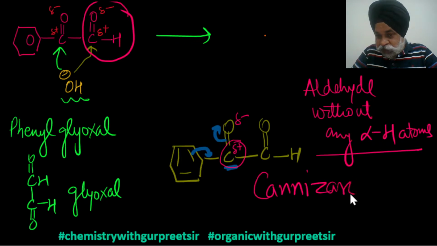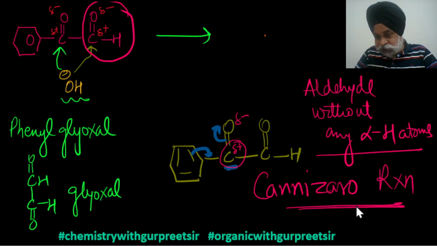Many books say it with geographically different pronunciations, Cannizzaro or Cannizzaro, whichever way you want to speak it. What is the ideal substrate for any Cannizzaro reaction? In the Cannizzaro reaction, you get an aldehyde without alpha hydrogen as a substrate, to which you are adding OH negative. If it had an alpha hydrogen, then aldol condensation could be a parallel reaction.